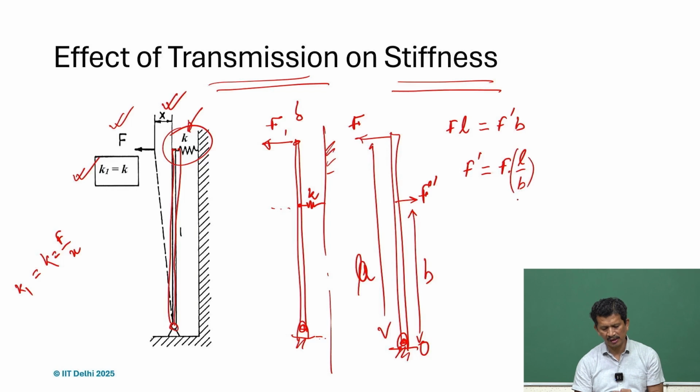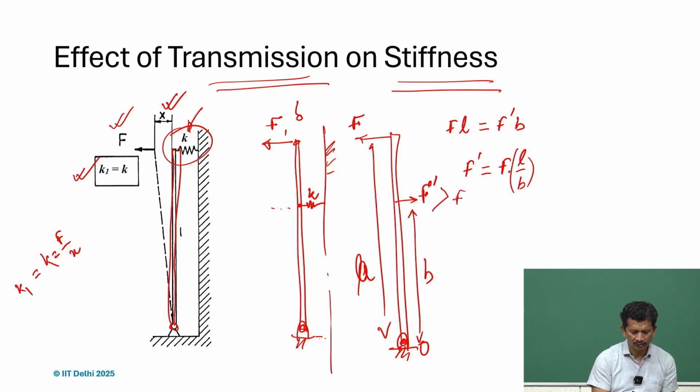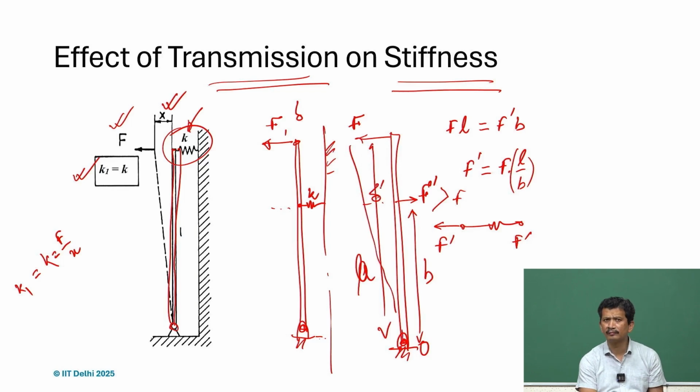So, that ratio L by B is there, and since it is placed inside, this L by B will definitely be more than 1. So, this force F prime is going to be higher than F. The spring now has F prime acting on it, so the deflection here will also increase by the same amount, del prime.